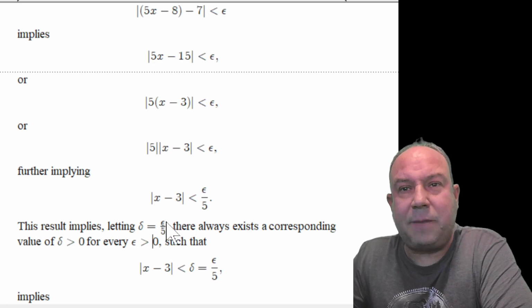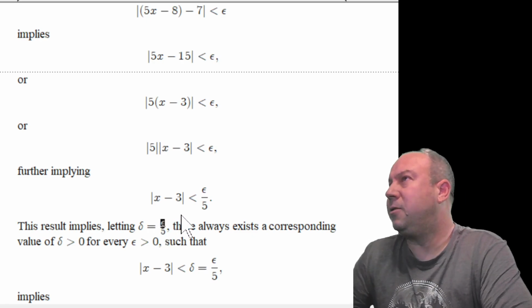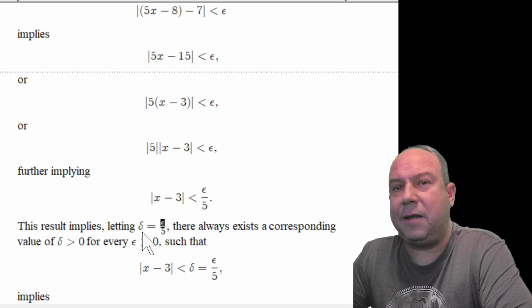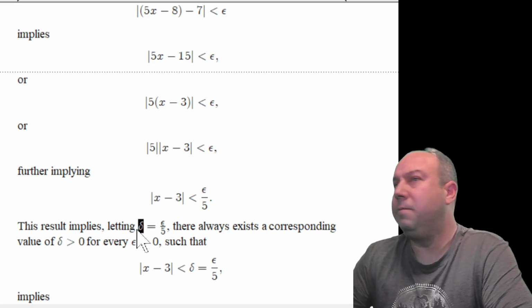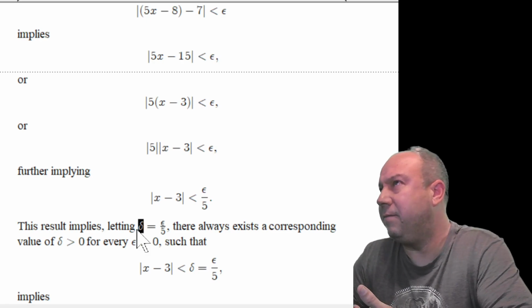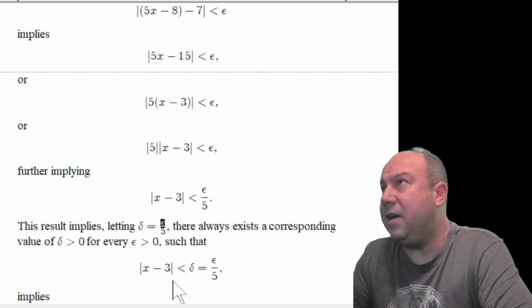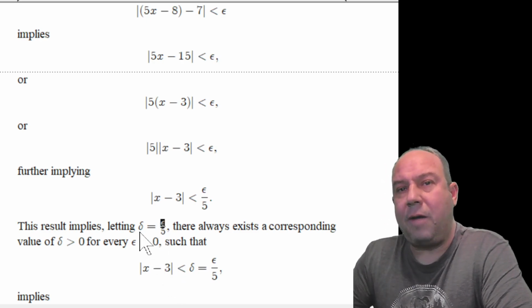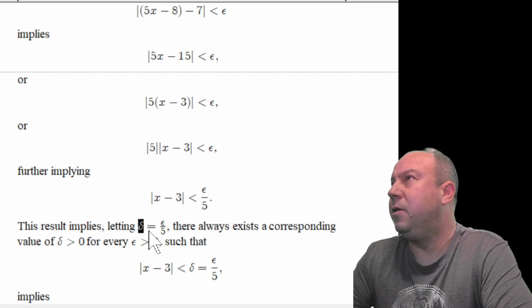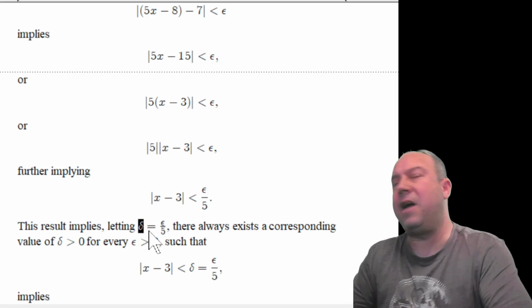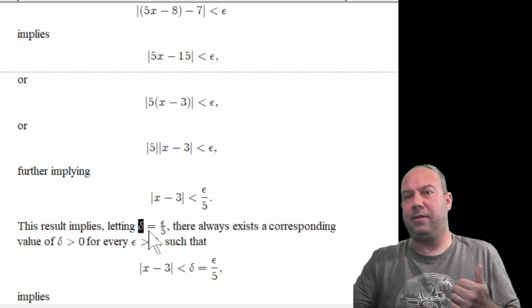If I choose an epsilon of 25, I know I'm going to pick a delta of 25 divided by 5. If I pick an epsilon of 1/5, I know I'm going to pick a delta of 1/5 divided by 5, which is 1/25.